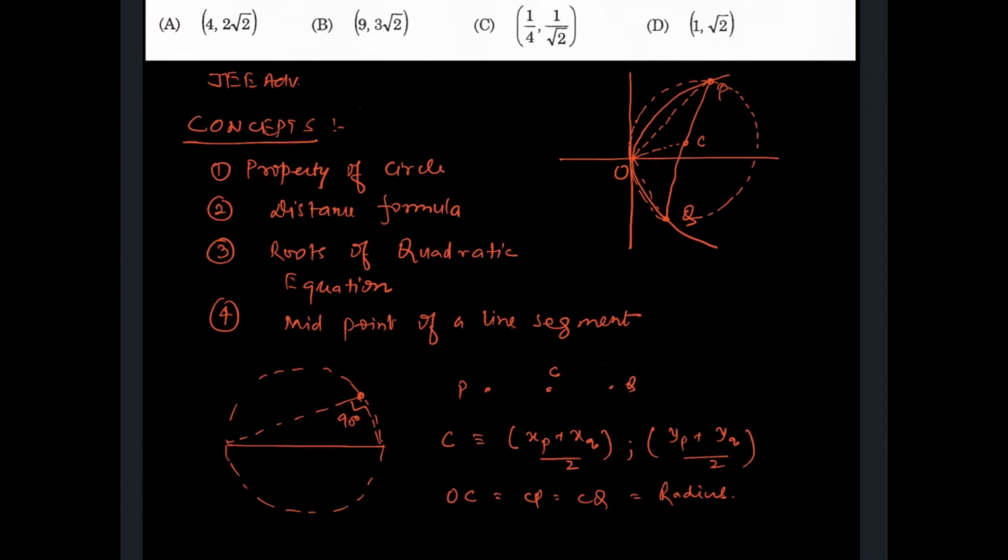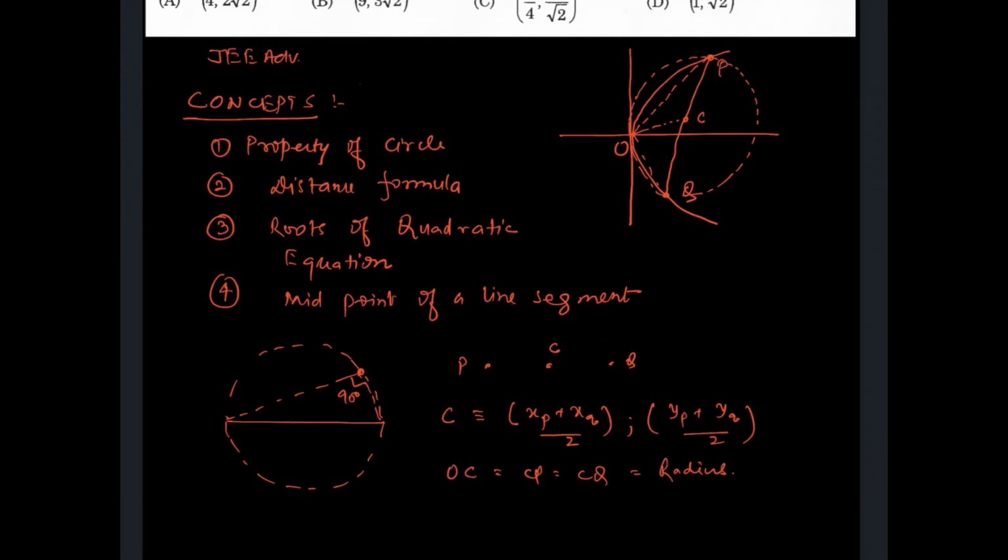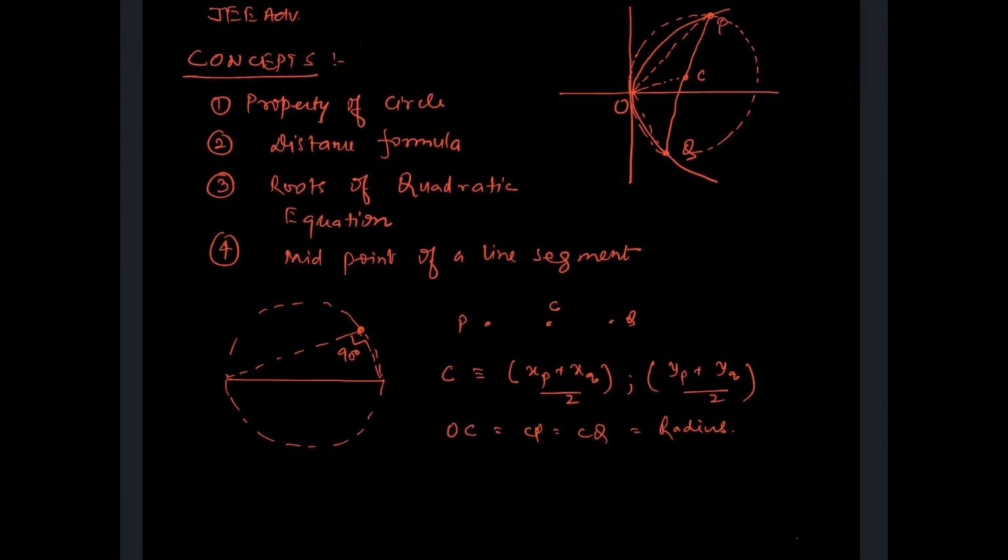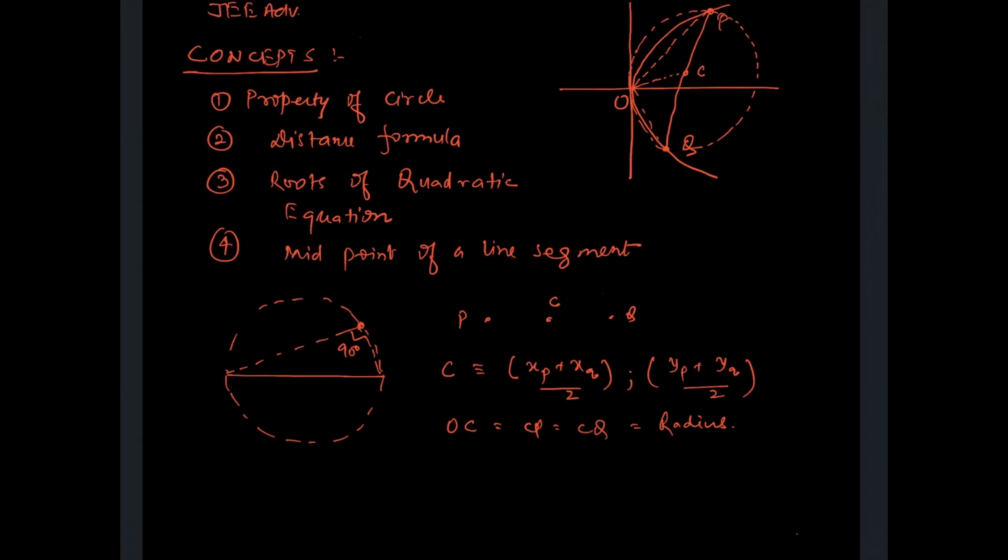Now one more thing that we will use is how we denote a point on a parabola. So my parabola is given as y square is equal to 2x. If we take x as 2t square, I will get y as 2t.